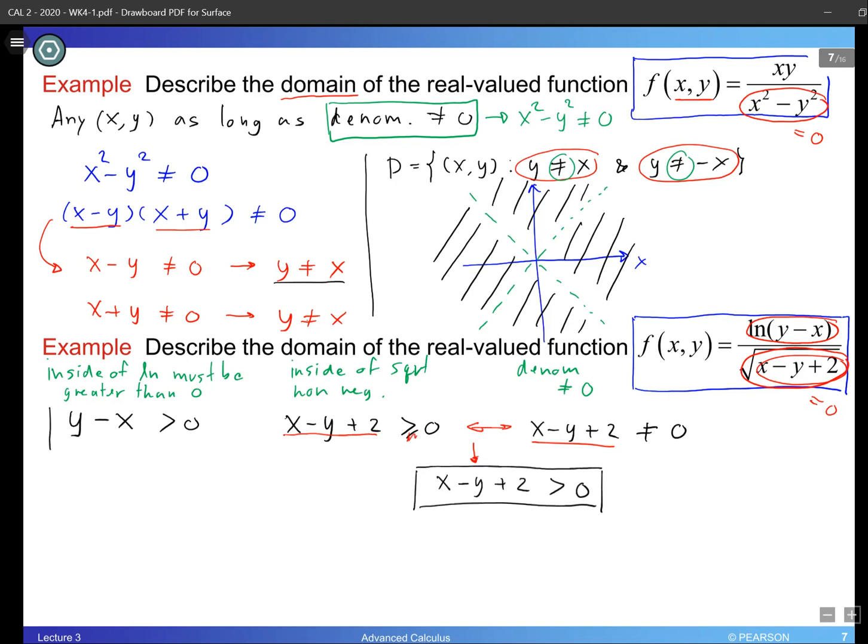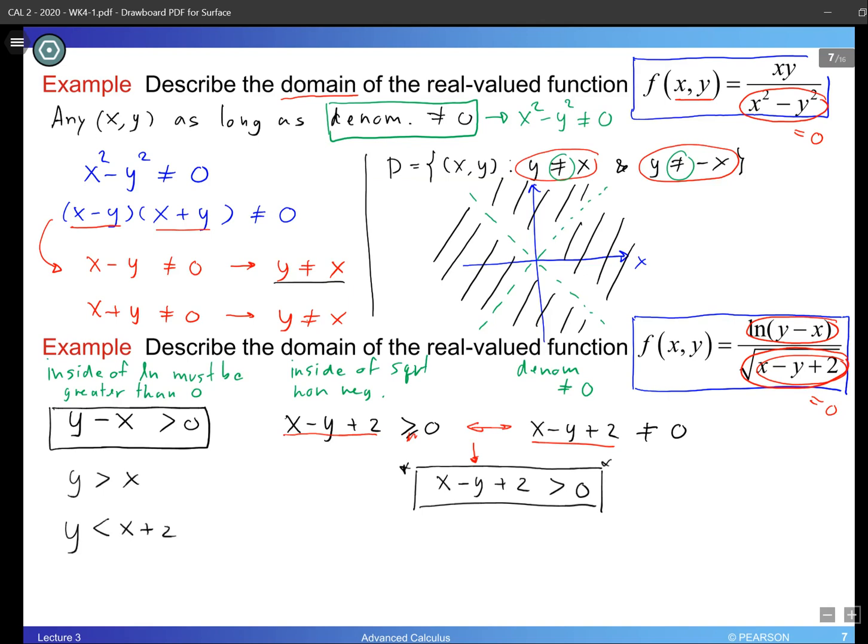Now we have this one as well. So let's work on these two. Here we have y greater than x. Now what about the next one? Move y to the other side: y less than x plus 2.